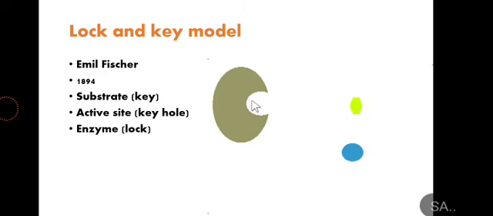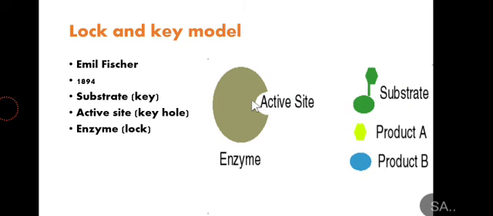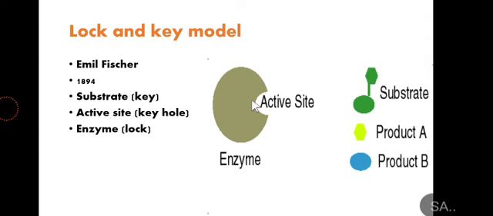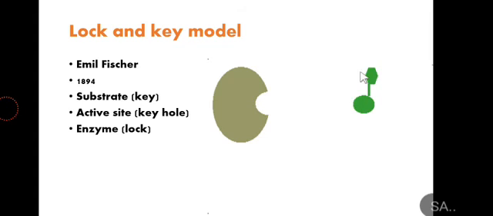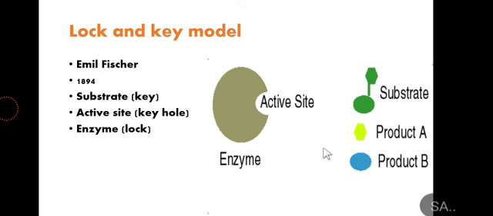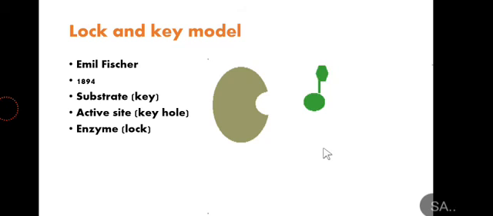I just want to tell you the actual theory of this lock and key model. This theory explains that the enzyme and the substrate possess a specific complementary geometrical shape. You can see this has a particular geometrical shape, and the active site also has a particular geometrical shape, so they fit exactly into one another, like a key into a lock.